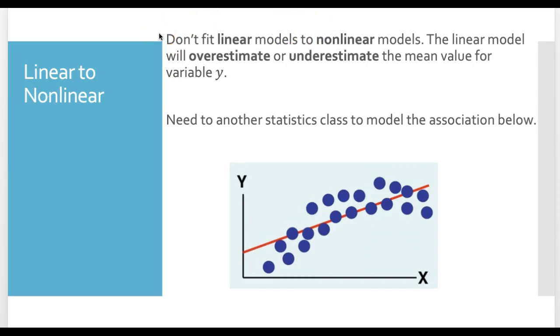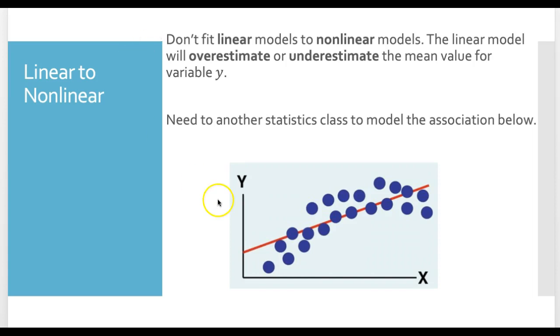We've seen scatter plots with a clear, very strong association that was not linear. So we say don't use the correlation coefficient, because it's not a good measurement for nonlinear associations.